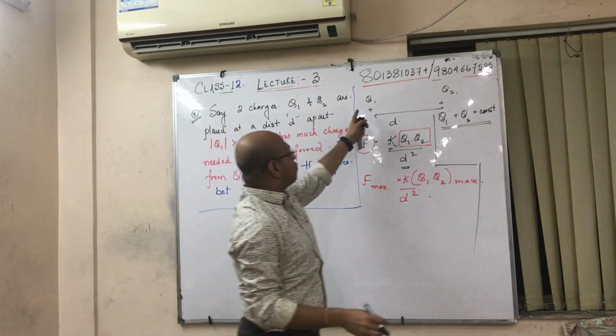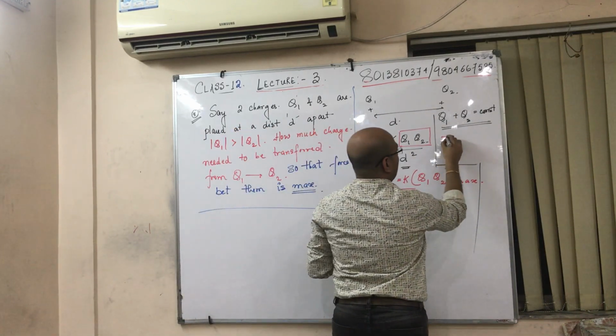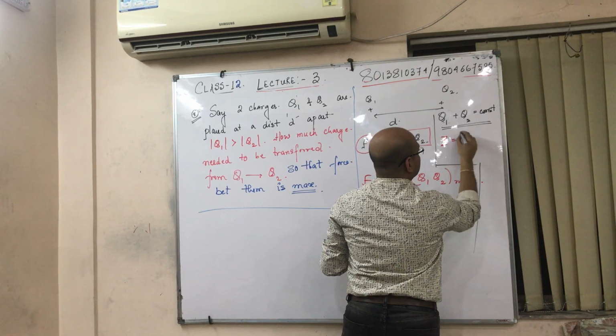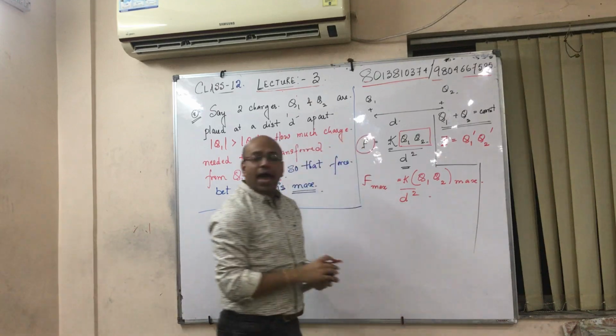Now you can transfer from Q1 to Q2 so that a new thing is formed. Let's say the new thing formed is Z, which is a product of Q1 dash and Q2 dash.